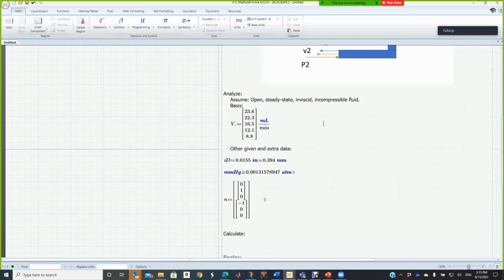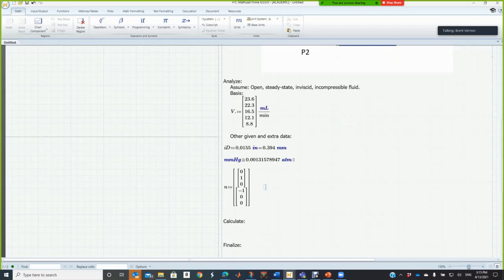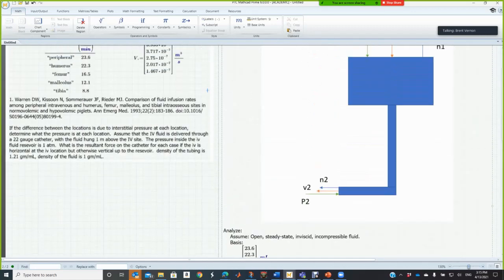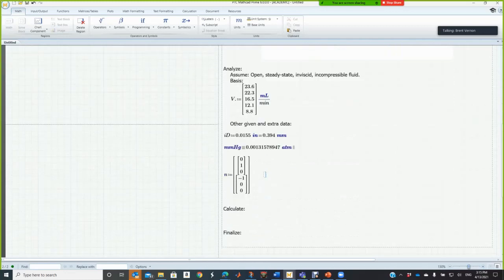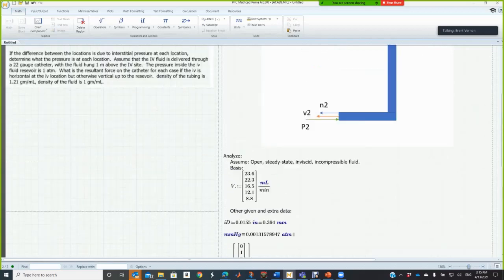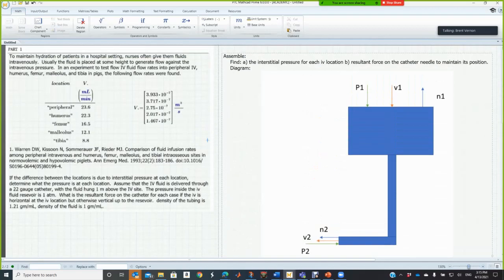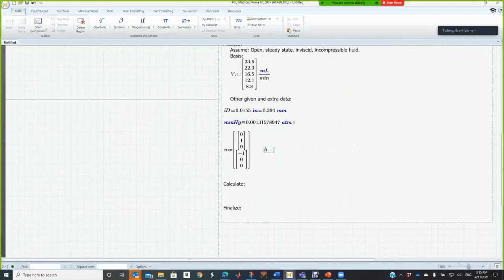All right, let's delete that. So now we've got our unit vector. We also are given a height in here, so let's put h is equal to, there was h1 and h2, so we'll put a position vector, height of the two different.